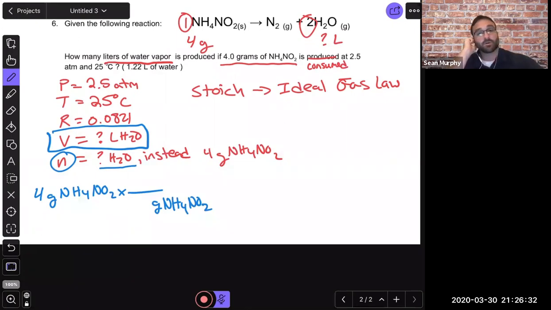Hydrogens, that's 4, each one is 1, there's 4 of them. Oxygen is 16 plus 16, that's 32. So you should get 64.